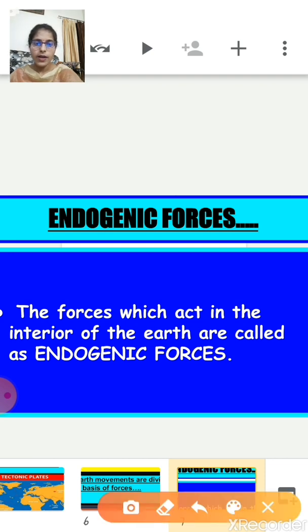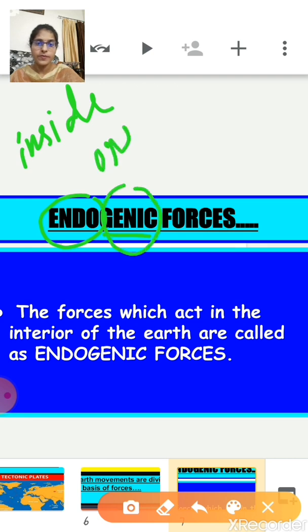So first of all, endo means inside and genic means origin. So basically the forces that originate or act inside the earth are called the endogenic forces.